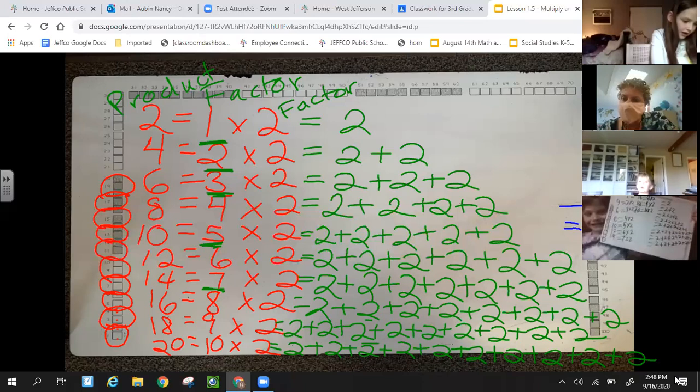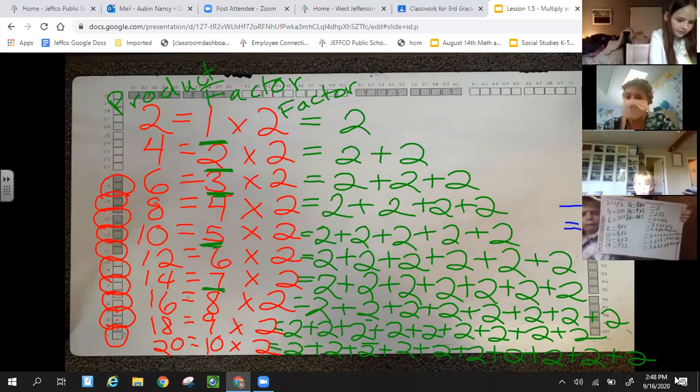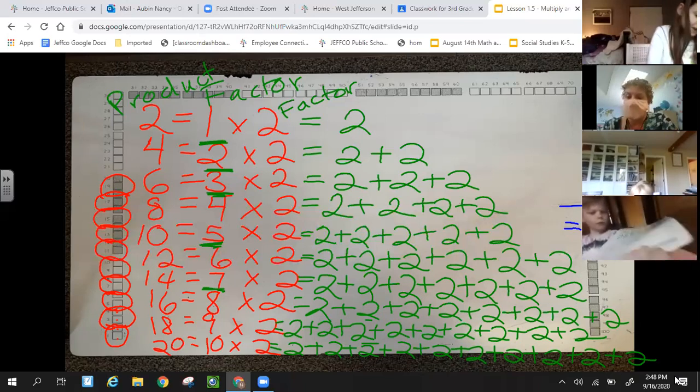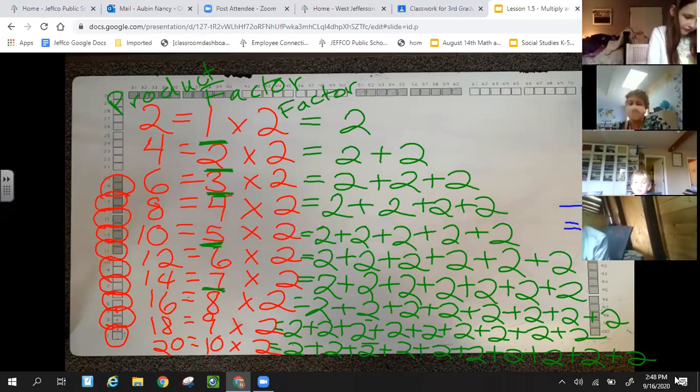Guys, please don't erase, because the next part of our lesson, you're going to need all of these multiplication facts. I'd rather you work on that than the addition. Charlie, you have to have the multiplication, okay? All right, I heard a lot of you are doing a great job. Clara.